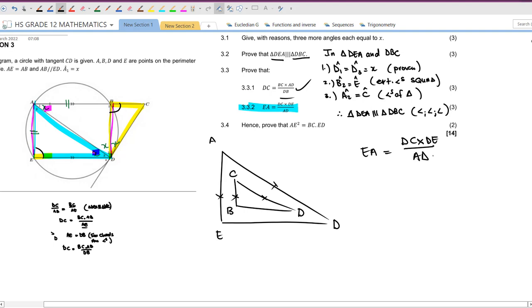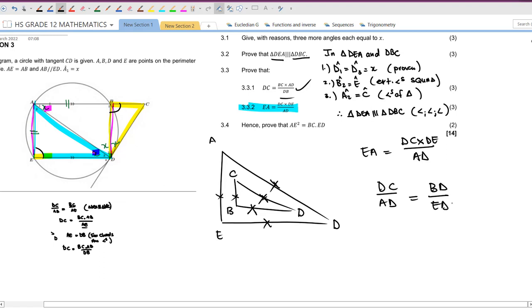Now out of that triangle, you can have the following again. You can have DC on top of AD, that's inside over outside, equals BD, now we're using this one, on top of ED.